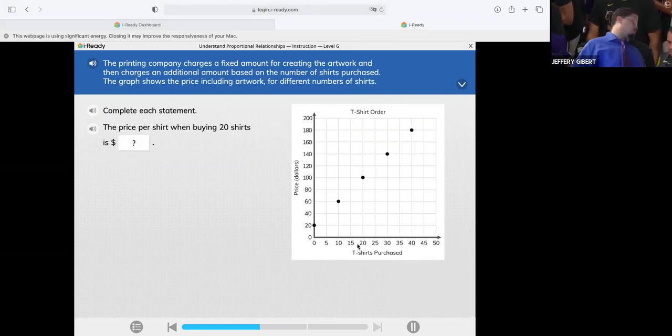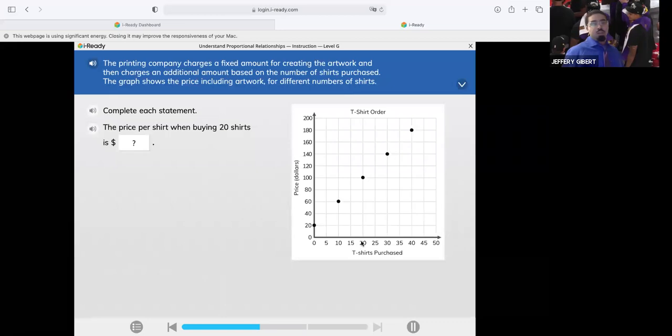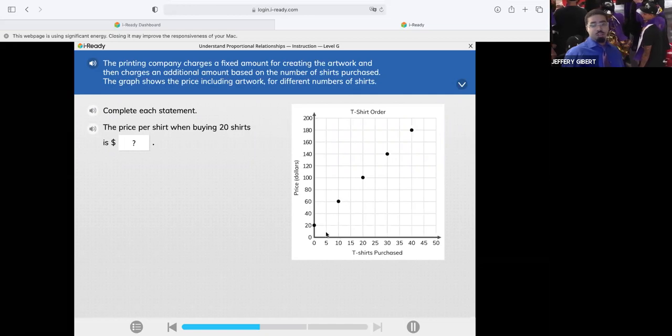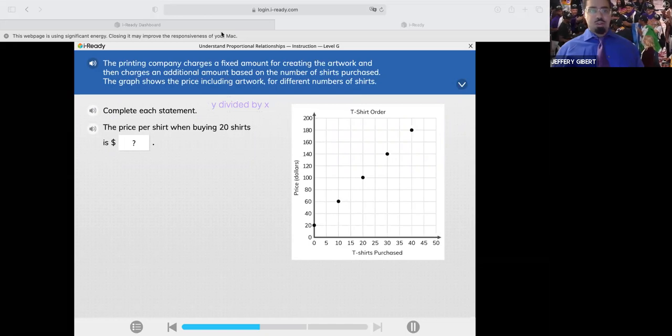So Queen Africa, this one's going to be for you. So you go to 20, then you go up to the point and see what the y is. Because remember, this is always the x, this is always the y. And remember, we're doing y divided by x, or y over x.